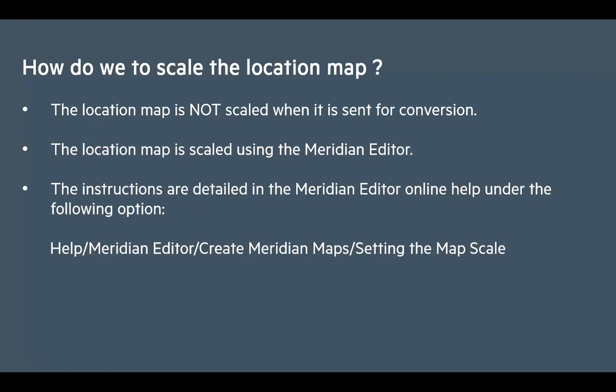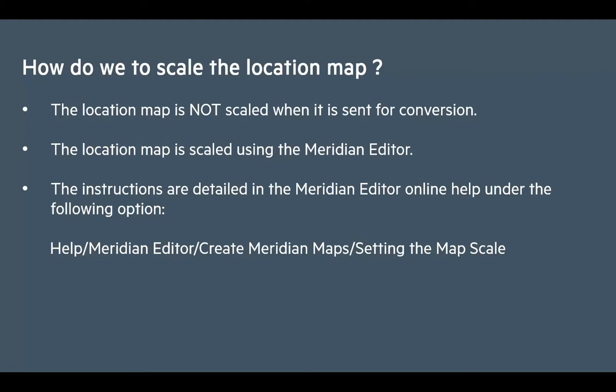In fact, the location map is scaled using the Meridian editor. The editor uses control points to calculate map size. By aligning a map's control points with the Google Maps satellite image of the same location, the editor can calculate the sizing for the Meridian-powered app's location and wayfinding features. The instructions for setting the scale are detailed in the Meridian Editor online help.